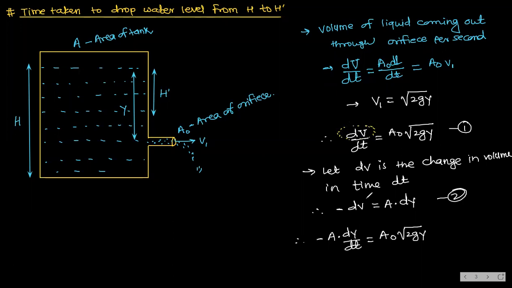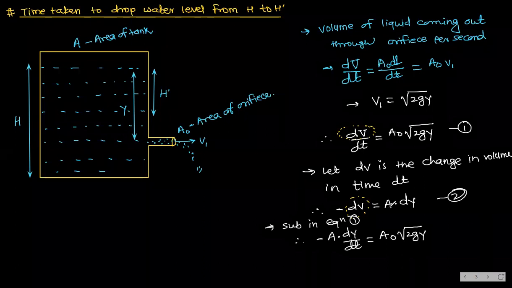This dv is there now, and this dv is there now. Just this dv value I have substituted in equation 1, with minus sign, because this is minus dv. That's why minus dv is equal to A dy, and dv is equal to minus A dy.